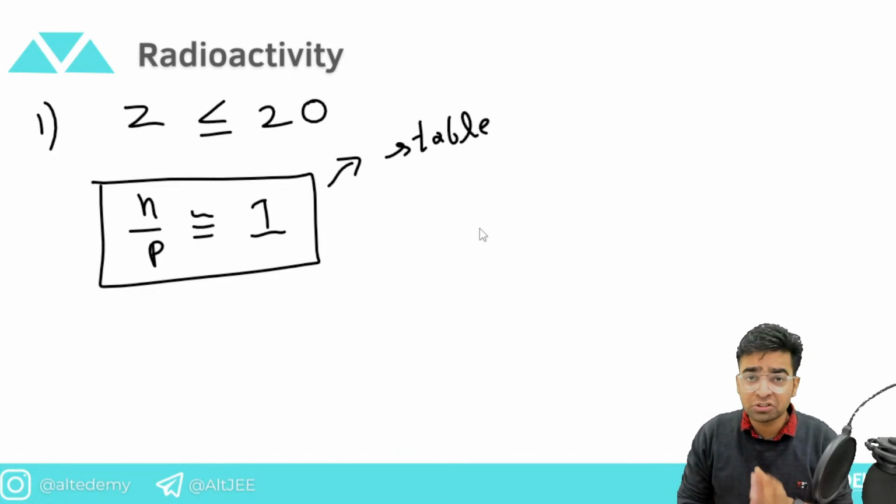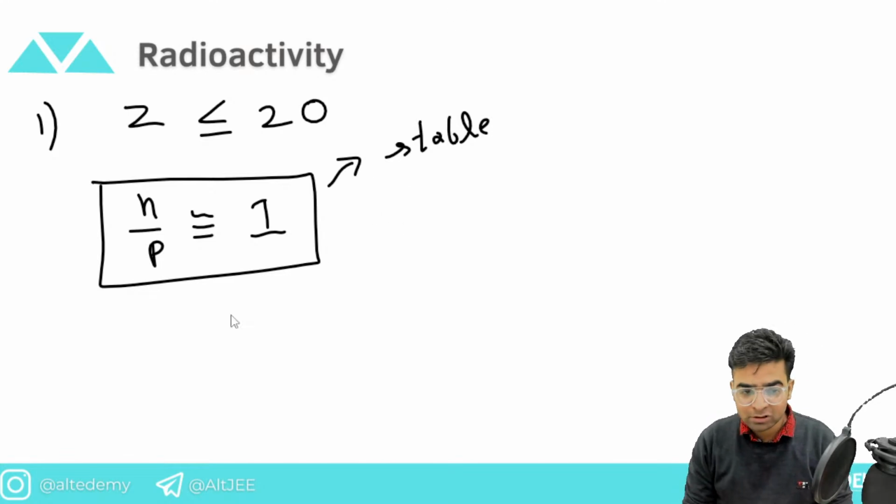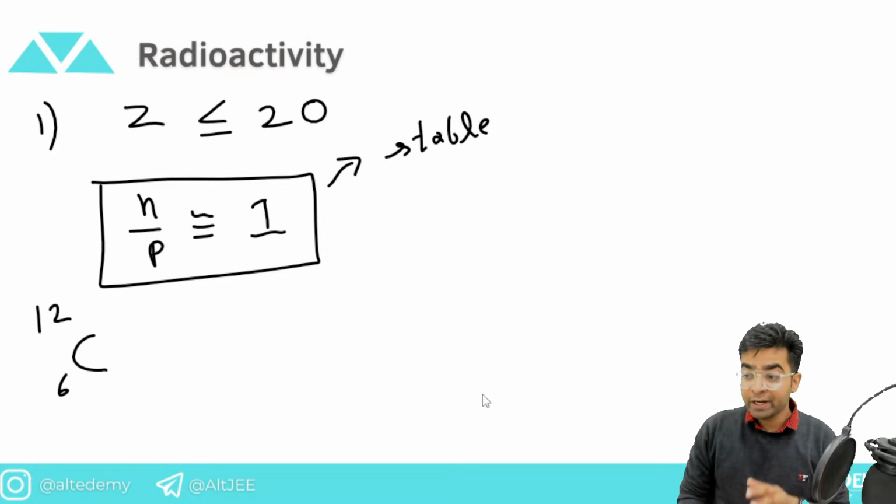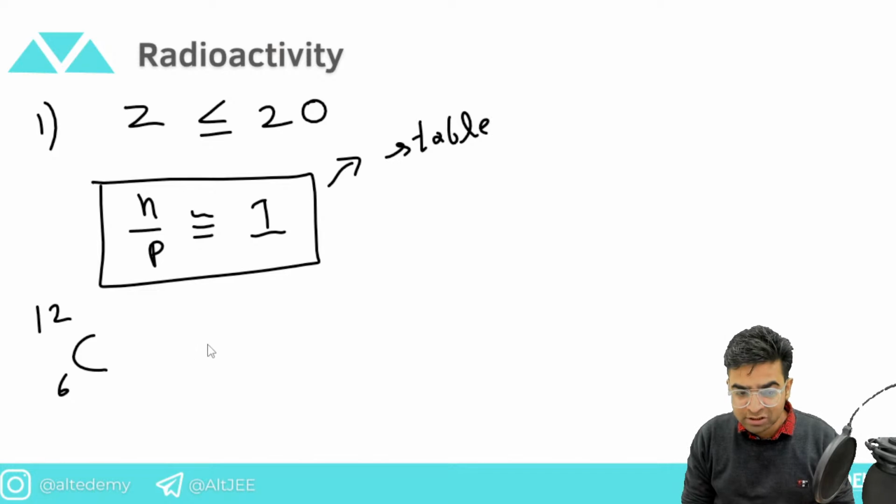Stable. If the ratio N upon P is around 1, it is stable. Let's take some examples. Carbon, 6C12, which we know is stable.